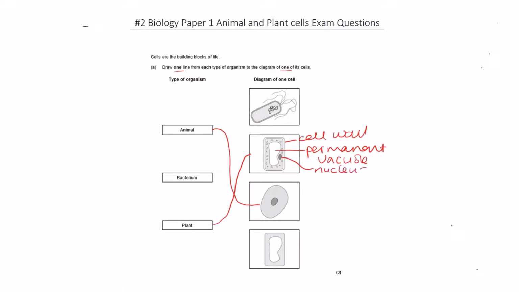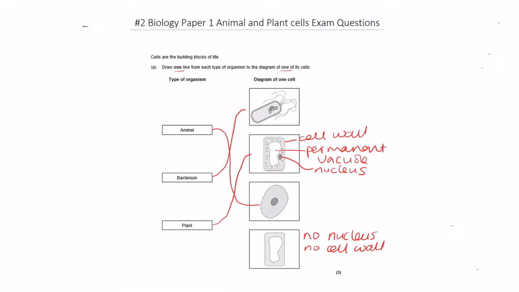Now this is important because in the fourth diagram there isn't a nucleus and there isn't a cell wall. So that helps us determine that the second diagram shows the cells of a plant. Now we're left with the first diagram and the last diagram still to decide which one is the bacterial cell. Correct answer is the first one.